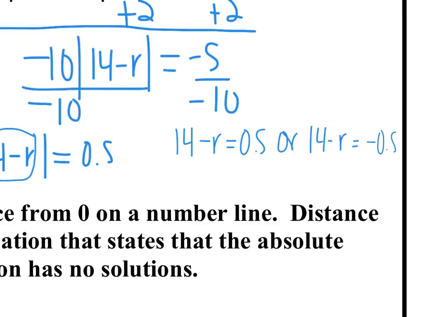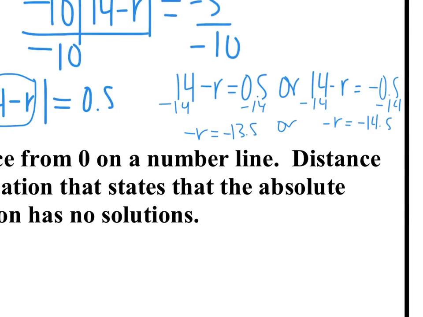If I subtract 14 from everything, I will have that -r is -13.5, or -r is -14.5, which if I divide everything by -1, gets me that r is 13.5, or r is 14.5. And I probably should have left myself a little bit more room for those 2 answers, but it could be one or the other.